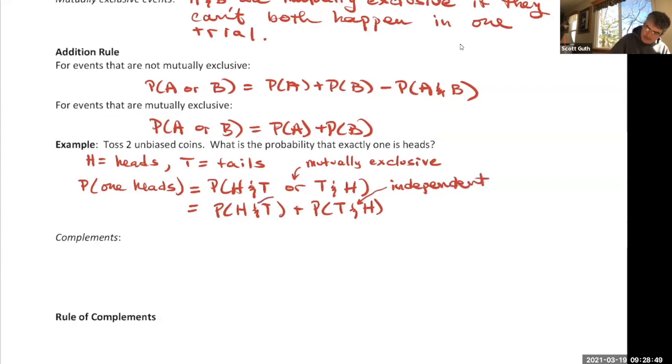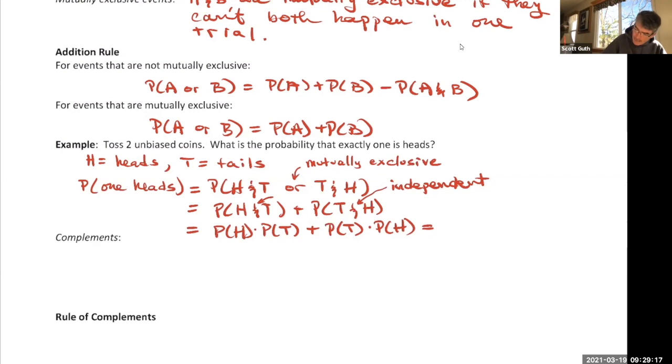Okay, so and means multiply, so the probability of heads times the probability of tails plus the probability of tails times the probability of heads. Okay, and of course, they're all a half, because getting heads is 1 out of 2, right? And tails is 1 out of 2 as well.